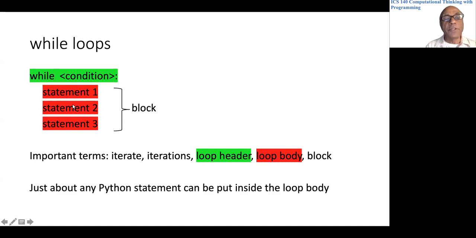And after the loop is iterated once, the condition will be evaluated again. If it is still true, it will iterate a second time. After a second time, Python will check the condition again. If it is still true, it will iterate a third time. And it keeps going until the condition becomes false. Just about any statement that you know can be put as part of the loop body.